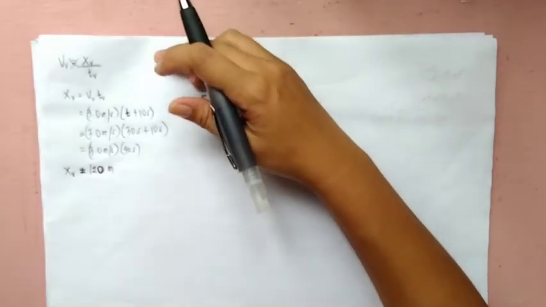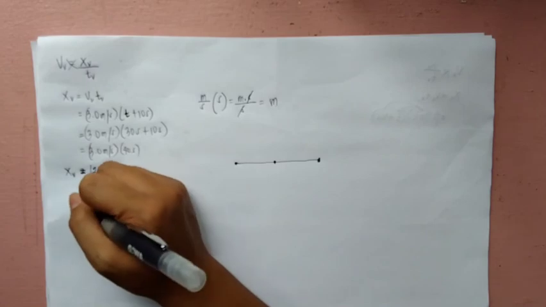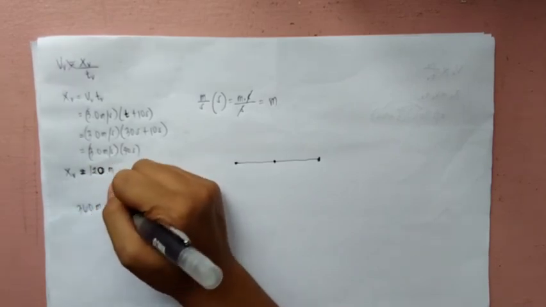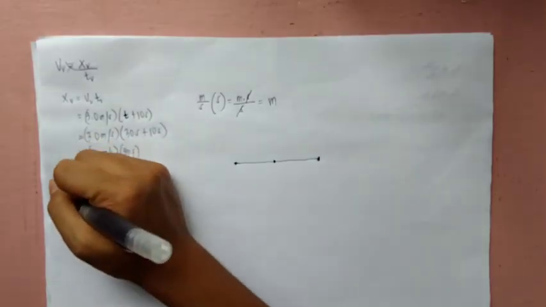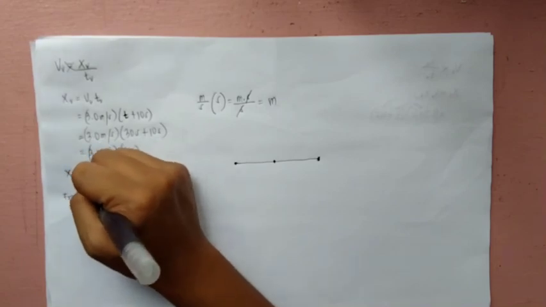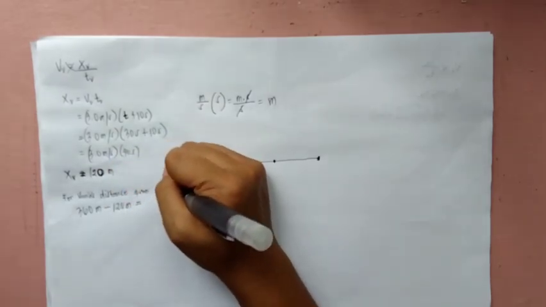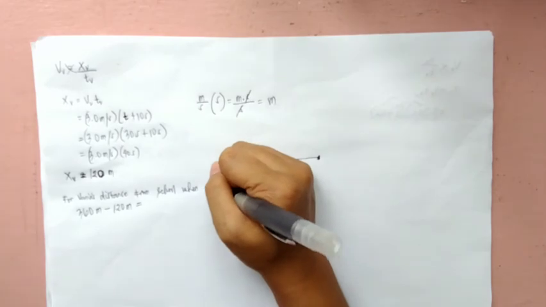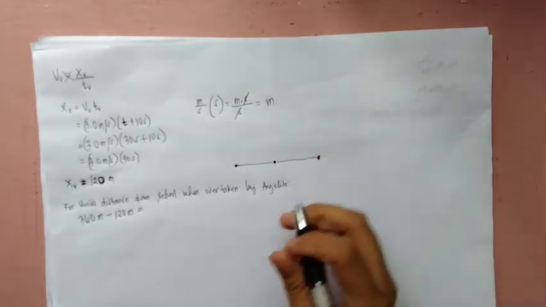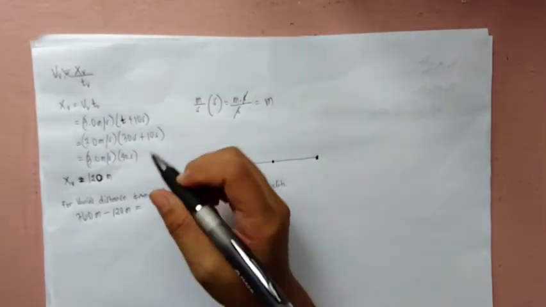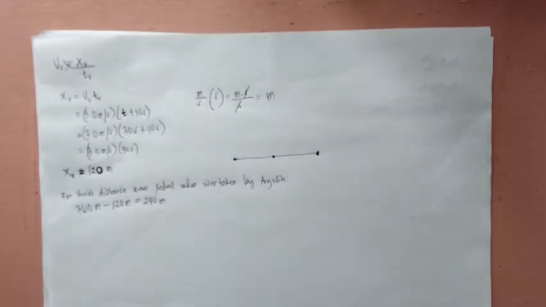So 360 meters minus 120 meters is 240 meters.